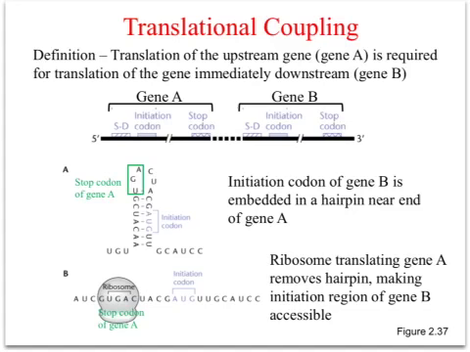However, the structure of this region is such that the initiation codon of gene B, right here, is embedded in a hairpin that's close to the end of gene A. So how this works, if we're looking at the structure of the messenger RNA, is that we have gene A, we have in green the stop codon for gene A, we continue through the region between the two genes in the messenger RNA, and we come to the initiation codon.